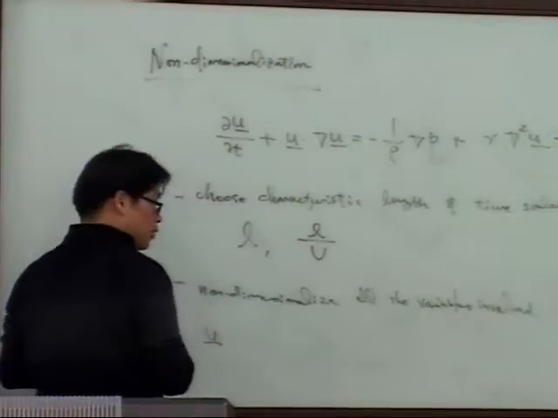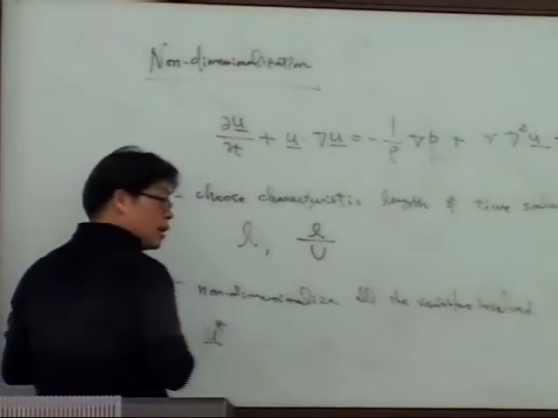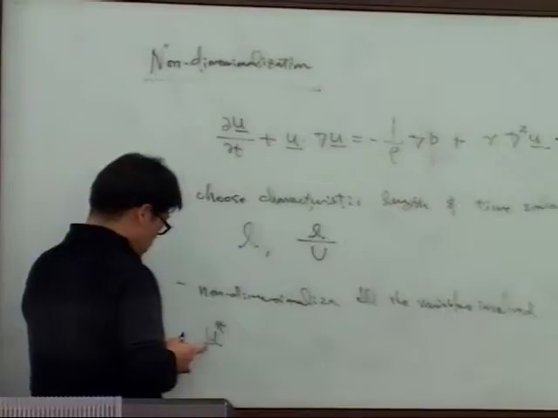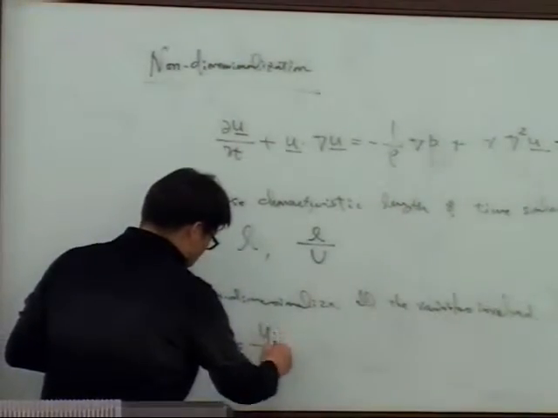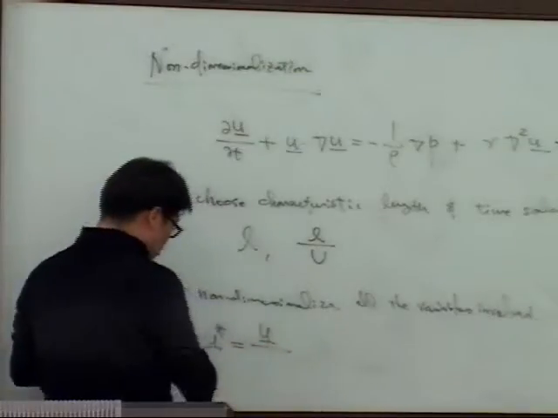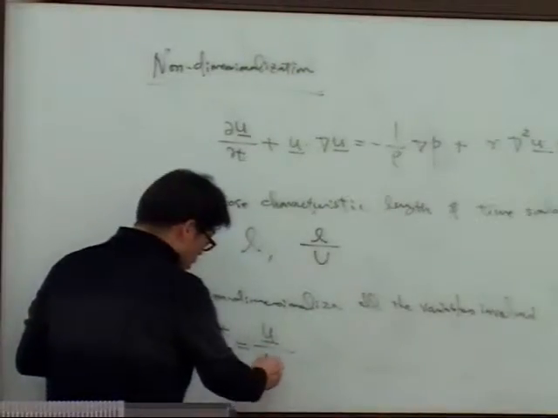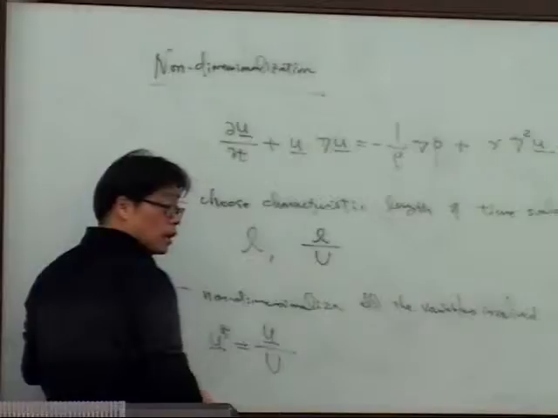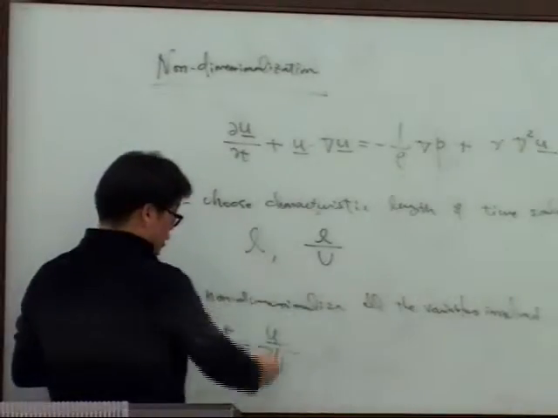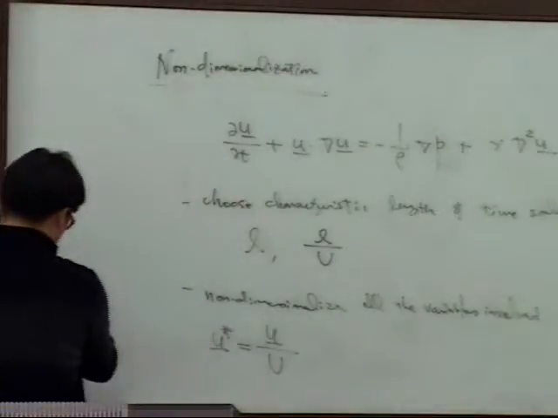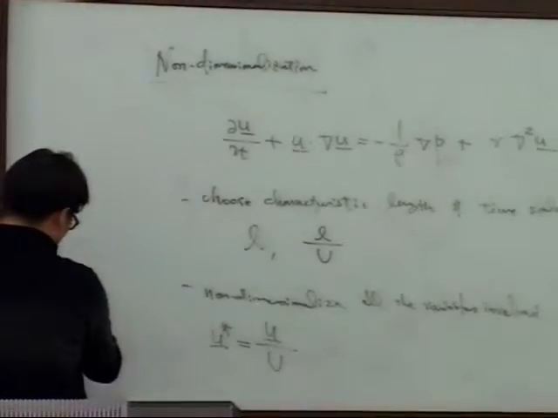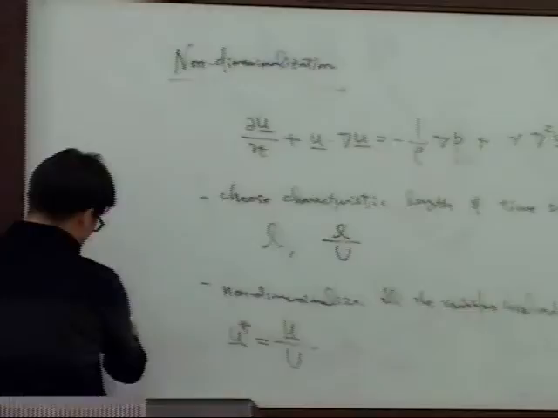So instead of u, I use u star, which should be dimensionless. To do that, u is a vector divided by a characteristic speed, or you can think of this as a characteristic length divided by characteristic time.